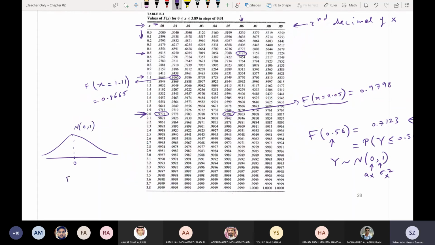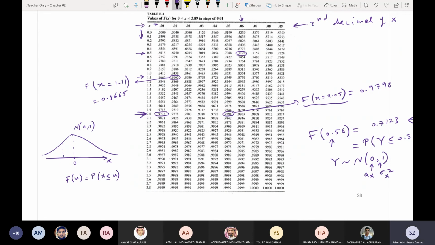Now what is F of x? It's equal to the probability that X is less than or equal to x, right? Let's call it u instead, to avoid confusing you. F of a specific number u.